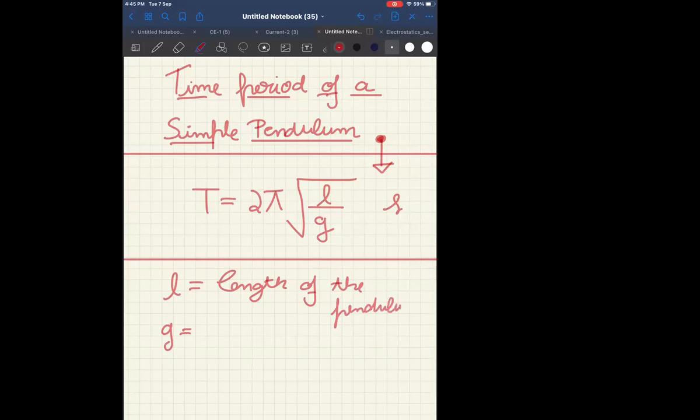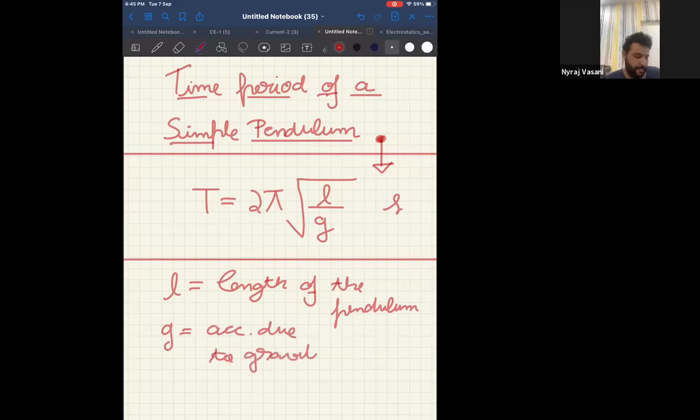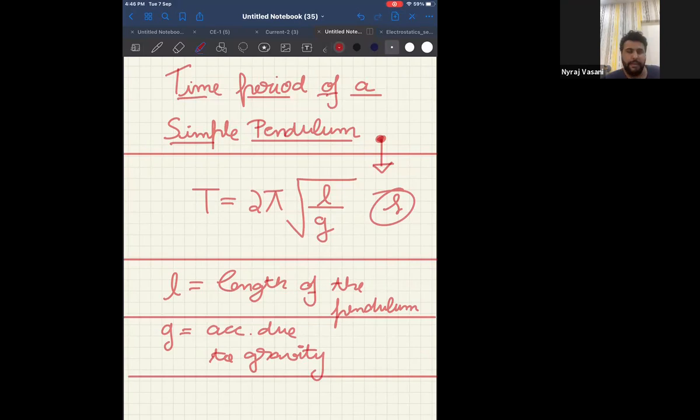G stands for acceleration due to gravity. Clear? T is equal to 2 pi root of L by G second, where L is the length of the pendulum and G is acceleration due to gravity. Okay.